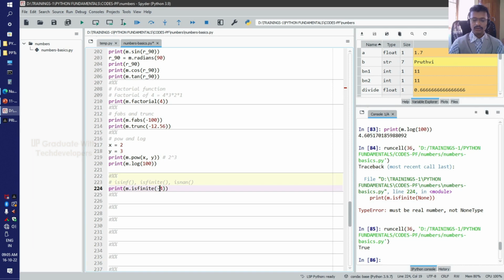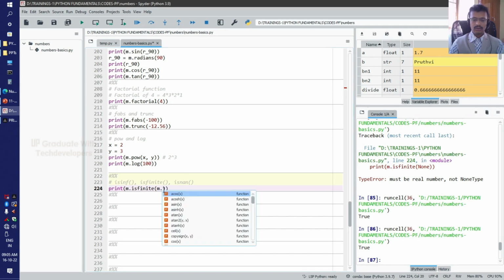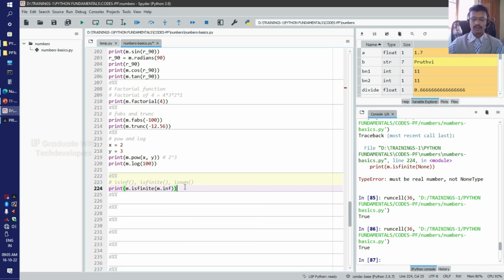If you use a negative sign, then also it results in true, it is a finite number. Let us check whether the math.inf value is finite or not.